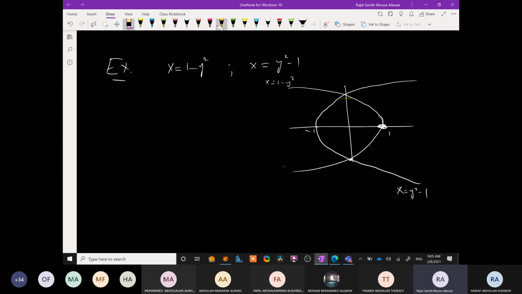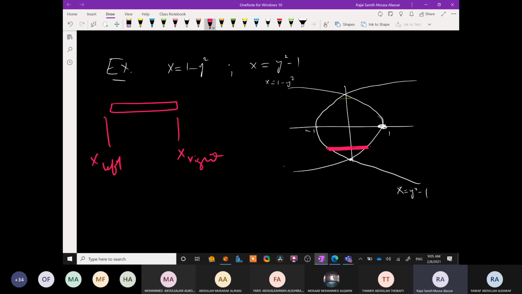I can do it here. I can take a horizontal strip. Yes or no? Okay, let's find the area of that. So what is the area of this? Now, when you have a strip like this, this is x right, this is x left.